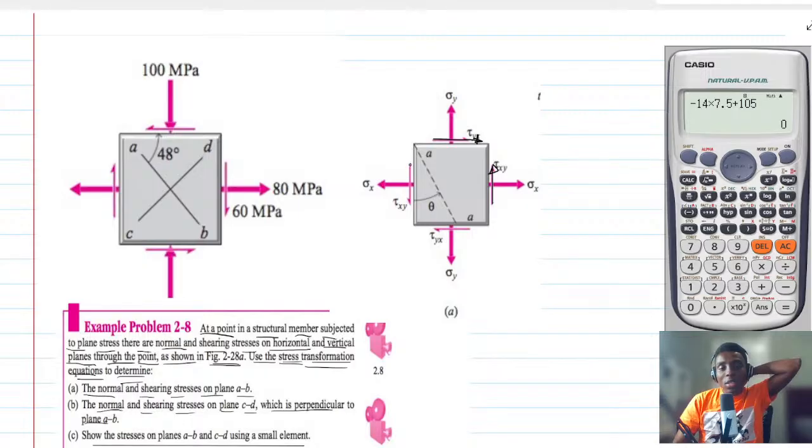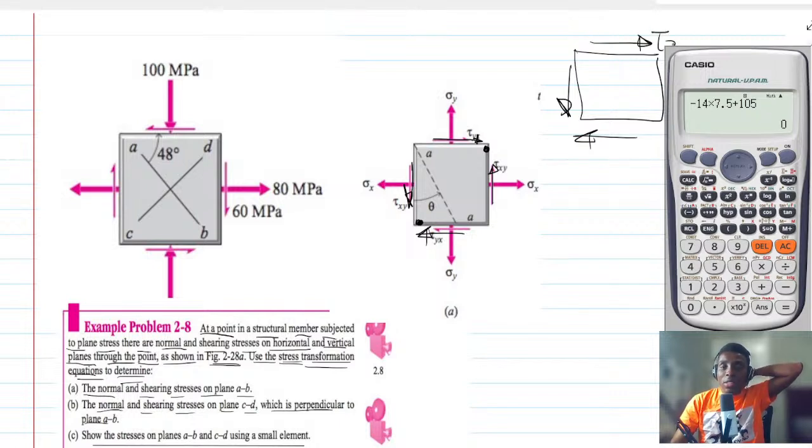Take notice, the shear stress will always point to the corners. You have the top right corner and the bottom left corner. This is a trick to always do if you have the shear force. So if you always want to know which is positive, quickly draw this here.